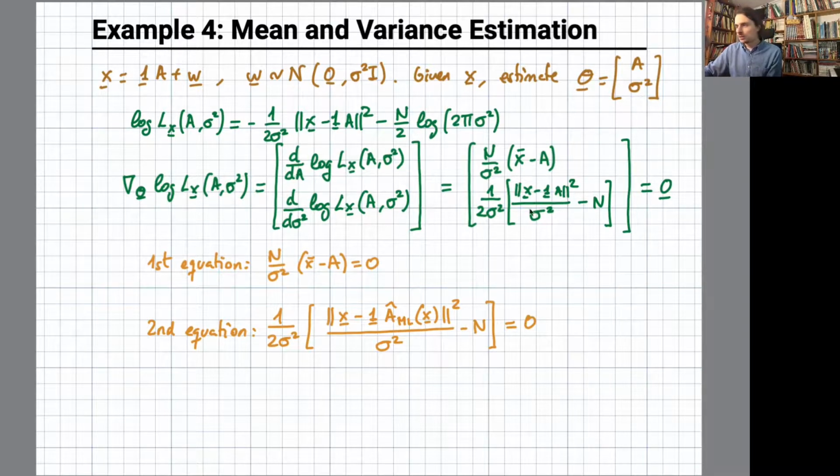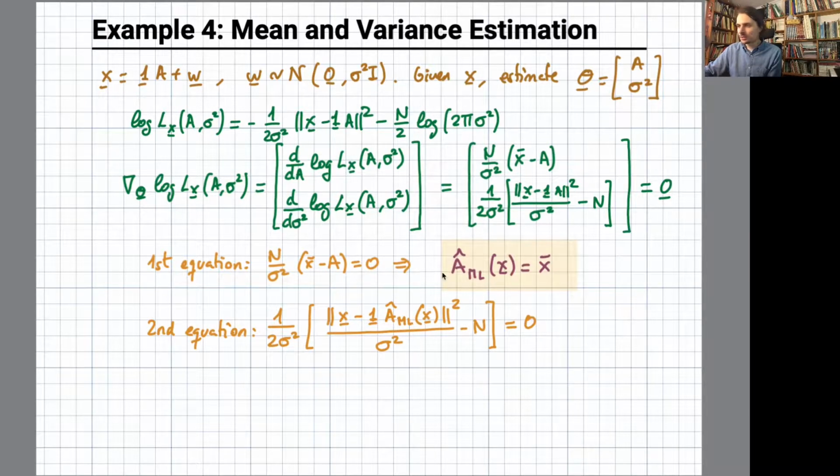Okay. So to solve this system, we just look first at the first equation. Here we see that it involves the product of two quantities that must be 0. Obviously, at least one of them needs to be 0, right? Since this one cannot be 0, then this has to be 0, as we have done before.